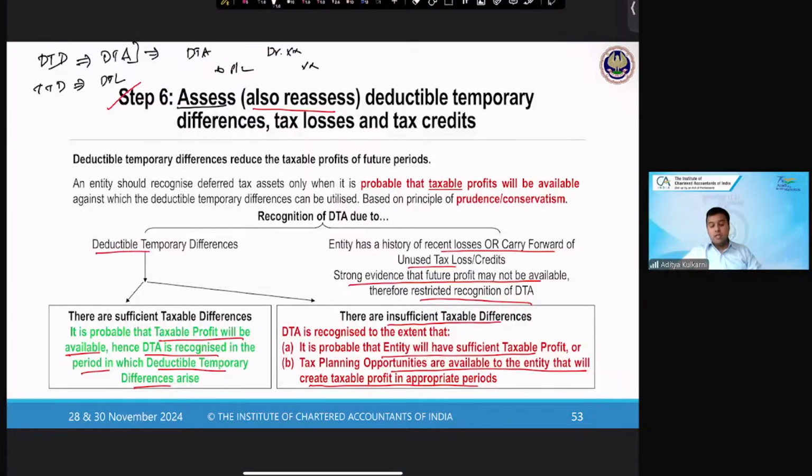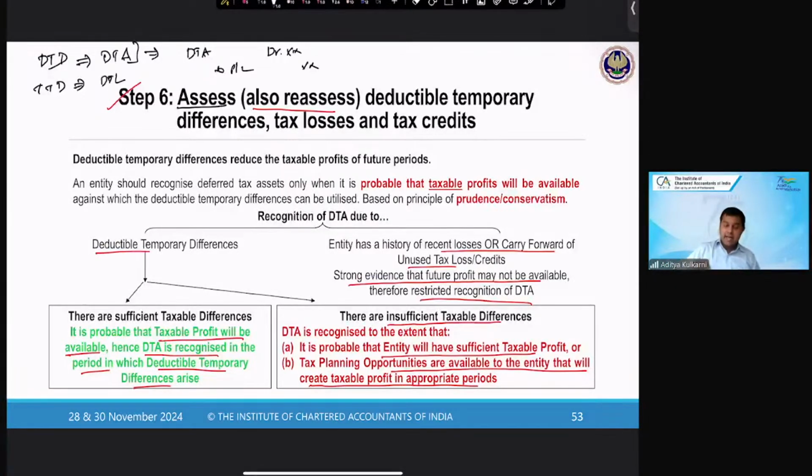It is not required. So my point is, a DTL you create freely, there is no problem. But a DTA appears to be anti-conservatism because you are creating an asset, recognizing the corresponding income, even when it may not be certain.